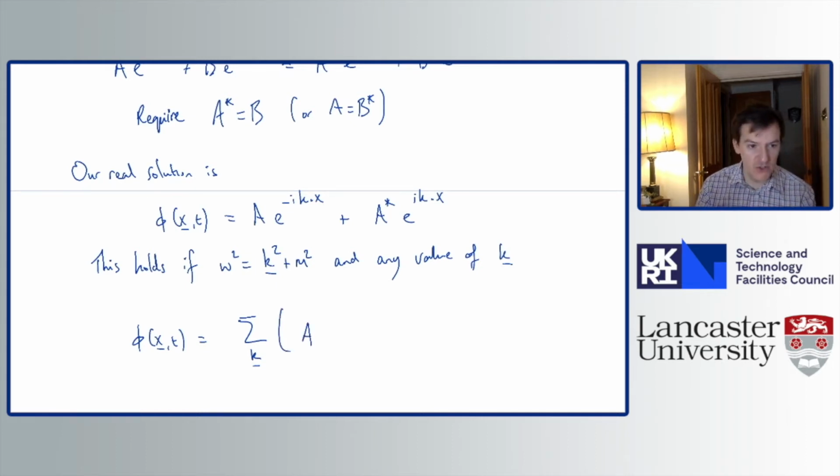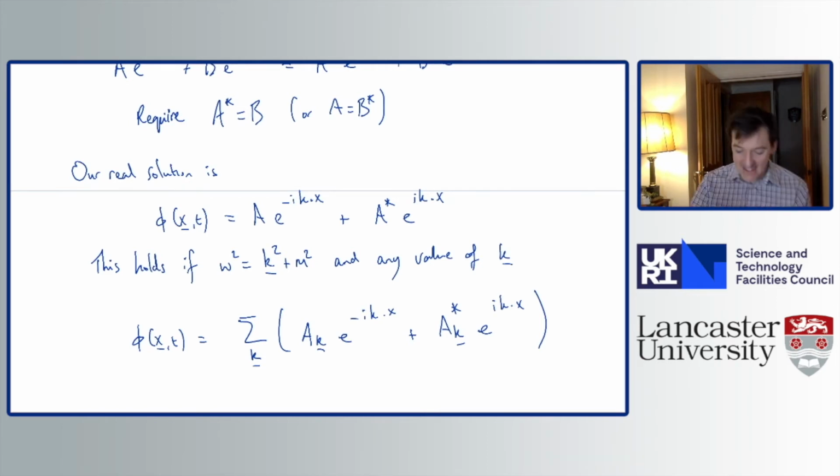So our full solution, if it were discrete, we can now label our coefficients with a k subscript. For each value of k, as long as the second term is a star if the first term is a, we'll have a solution. Our solution, as I said, needs to have an a star here. Okay, so this would be the general solution if k was discrete.